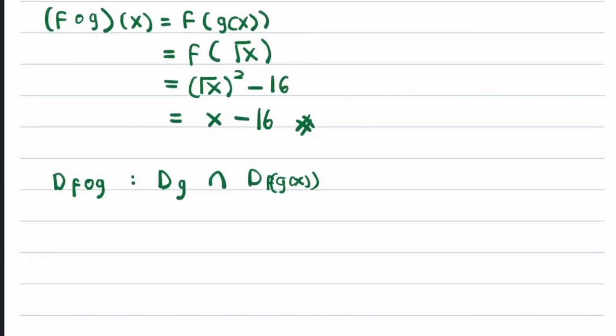The domain overall is x minus 16, which is a polynomial, a linear function, so the domain overall is x belonging to the real numbers.